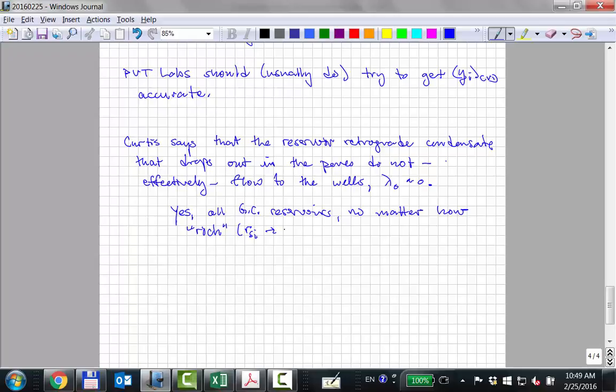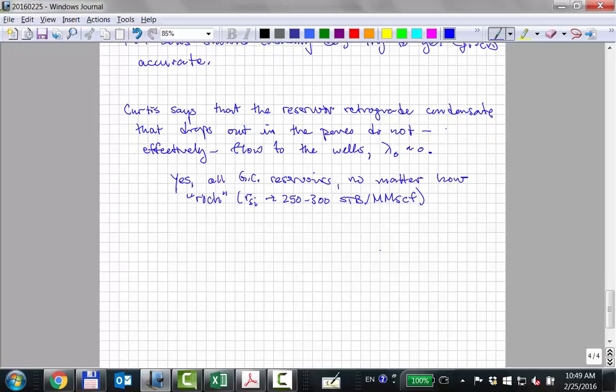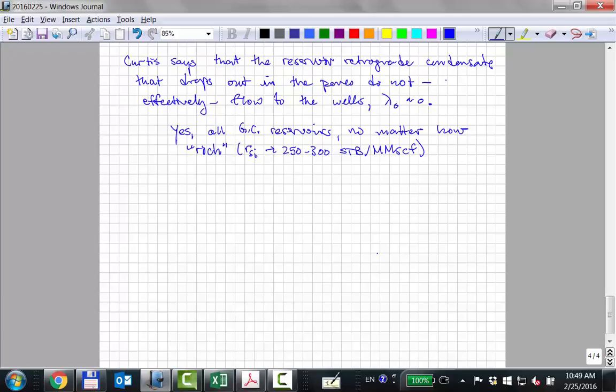Even if that reaches 250 to 300 stock tank barrels per million, that's about as rich as it gets. Okay? As we get richer gas condensates, the liquid dropout, the liquid saturation increases above the critical.